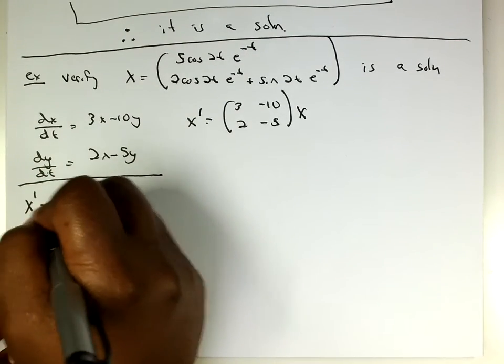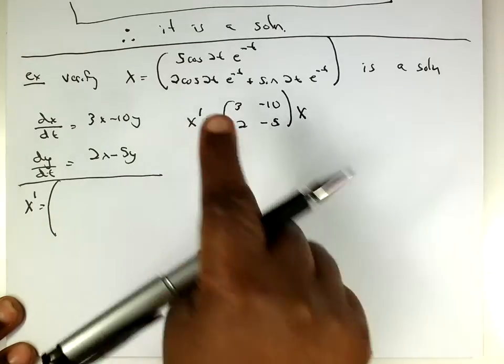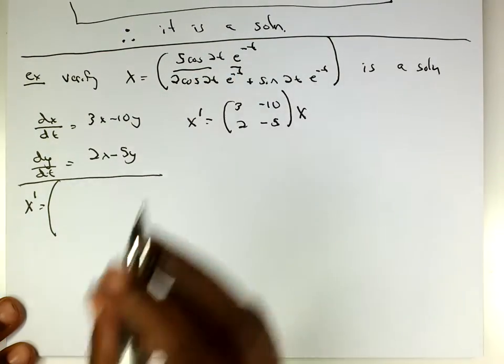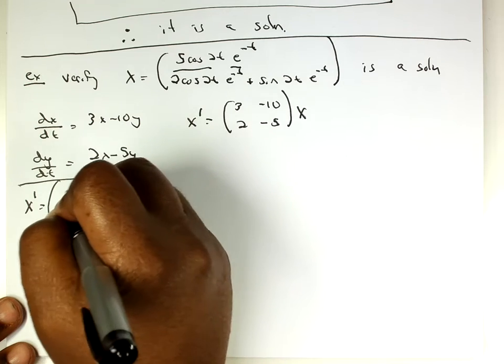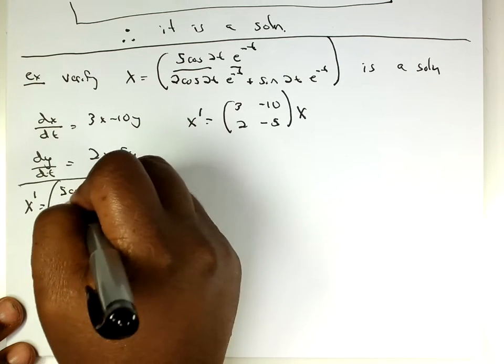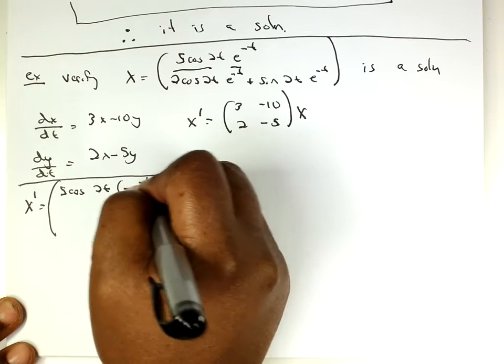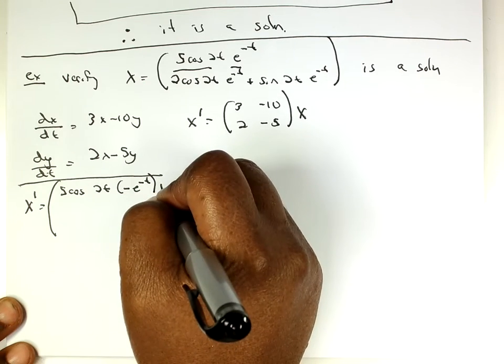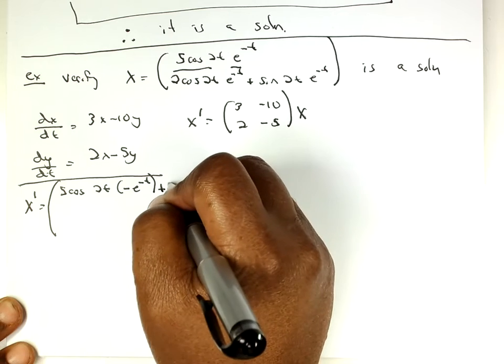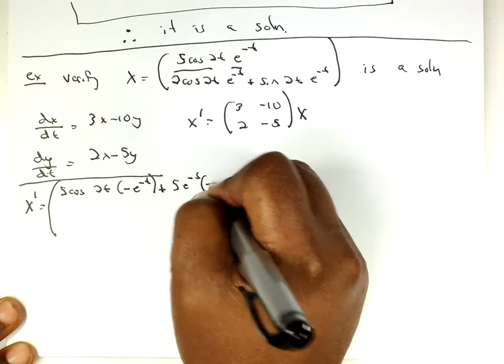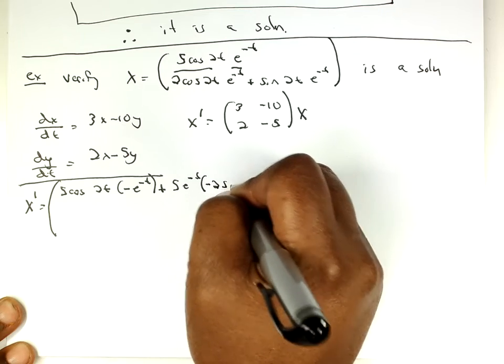So x prime, I have to use the product rule. So I have 5 cosine 2t times negative e to the negative t plus 5e to the negative t times negative 2 sine 2t.